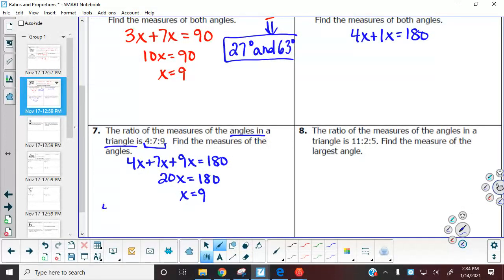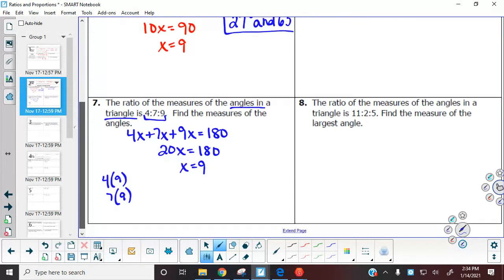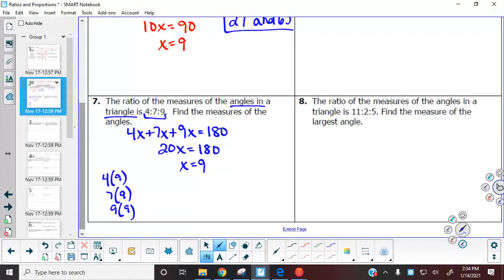Now we can plug it back in: 4 times 9, 7 times 9, and last but not least, 9 times 9. So our three angles are 36 degrees, 63 degrees, and 81 degrees. One of the ways that we can check this is to add those to make sure that they do indeed equal 180, which they do. So we are good to go.